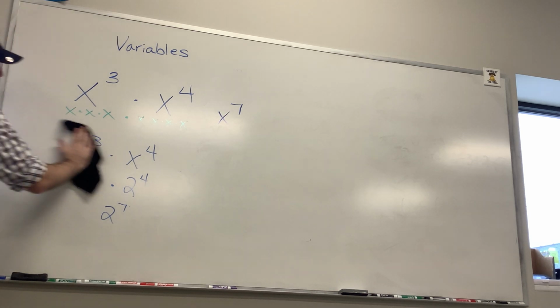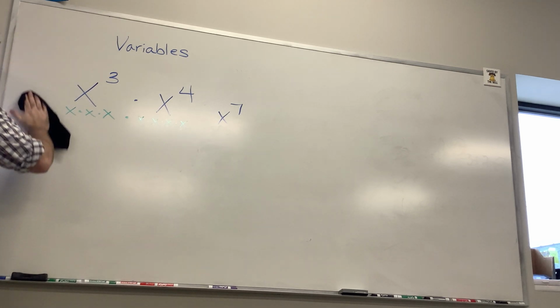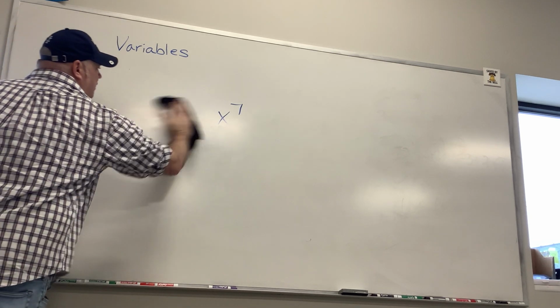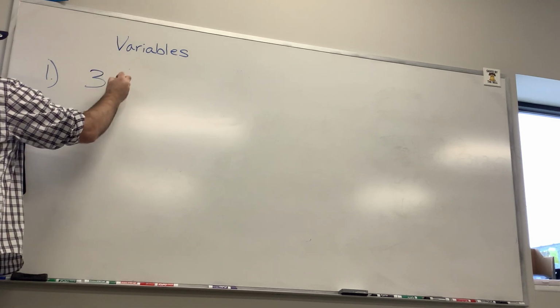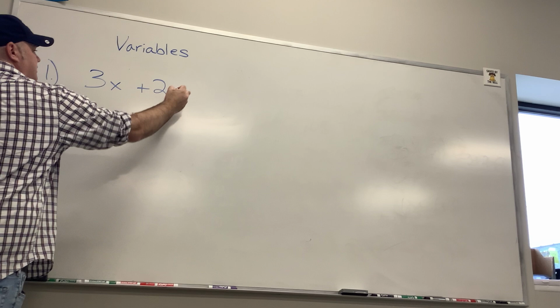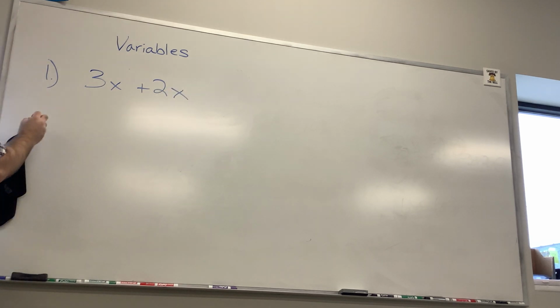Now, when's that going to come up in our problems? Well, let me give you 2 examples of problems that you'd see where this is going to start to come up. So let's say I have 3x plus 2x, okay? And let's do y.